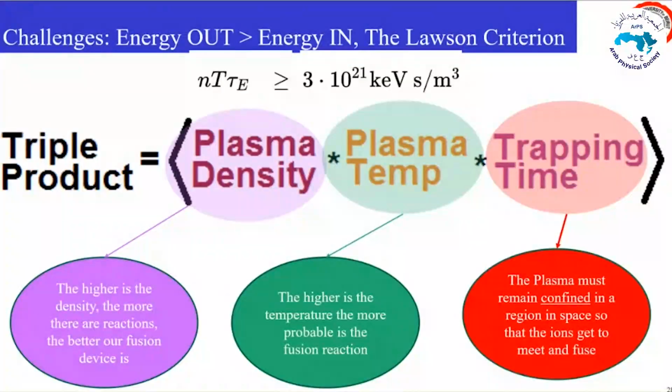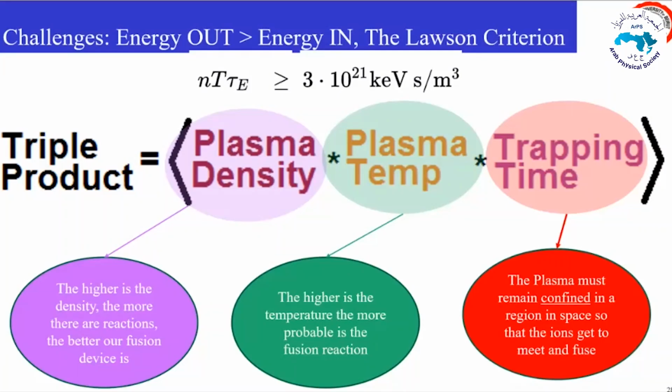And there is a third component, which is called the energy confinement time. If you assume that you have a box, and you have particles that are trying to collide with each other, if these bugs are going into space, they will not have the possibility to meet and to fuse.